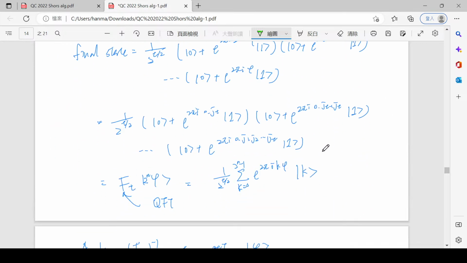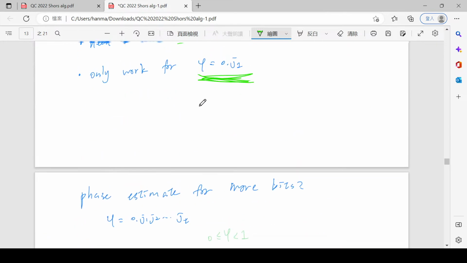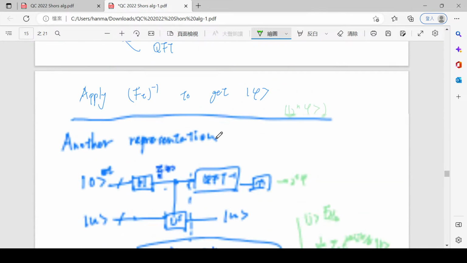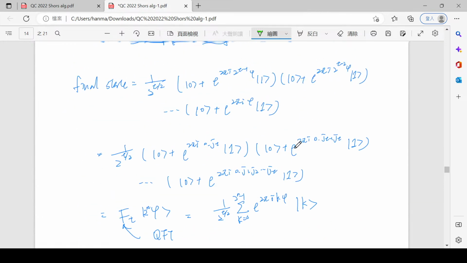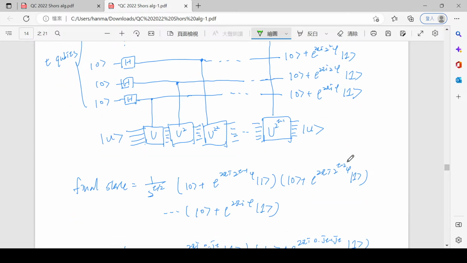We didn't write it all the way. And then this Hadamard here will be replaced with, actually, we need the extra inverse Fourier transform here.